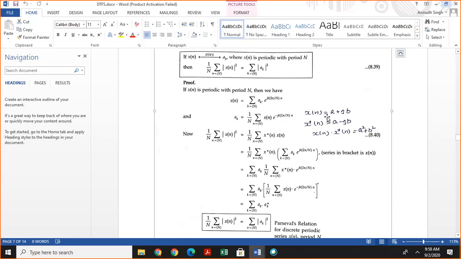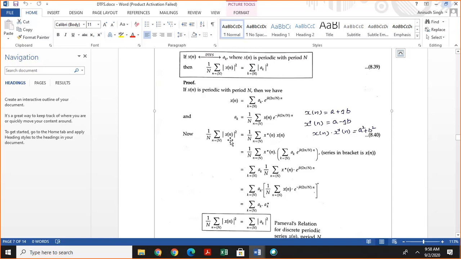Here x of n is equal to a plus jb, and conjugate of x of n is given by a minus jb. If we multiply x of n and conjugate of x of n, we get a square plus b square. If you calculate the square of mod of x of n, you get the same expression.